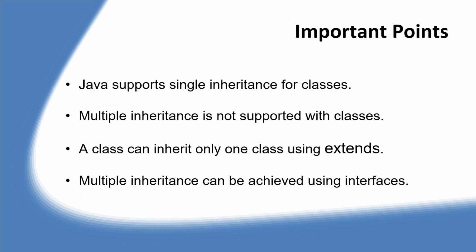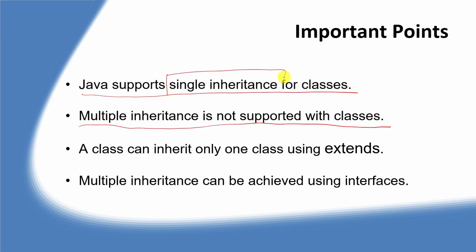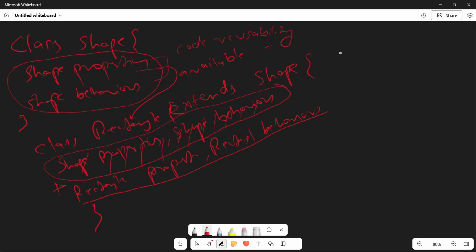So what are the important points to remember? Java supports single inheritance for classes. Multiple inheritance is not supported with classes. What is single inheritance?